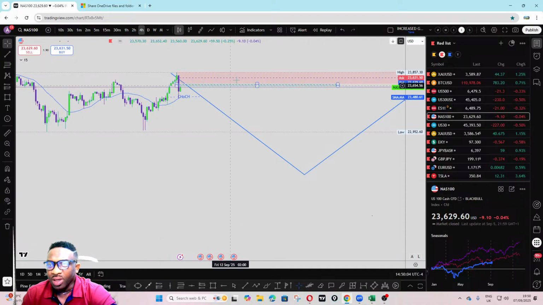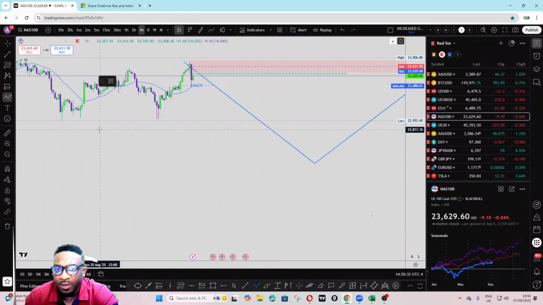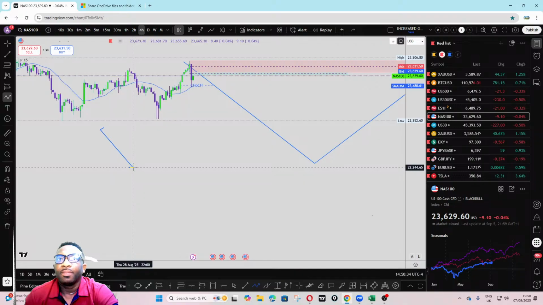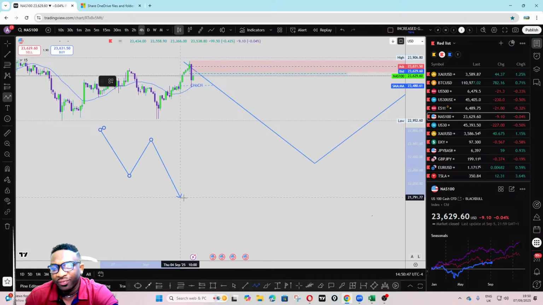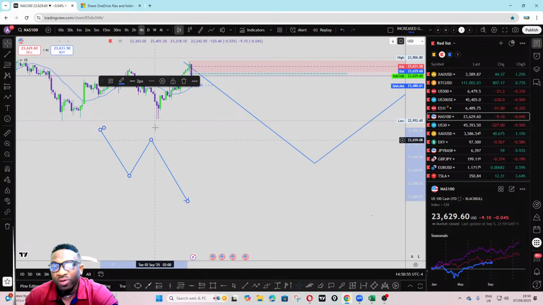So we have price pushing down to break a structure on the left and then coming back to the origin area, and once we have this happening, it gives us a more confirmed entry.